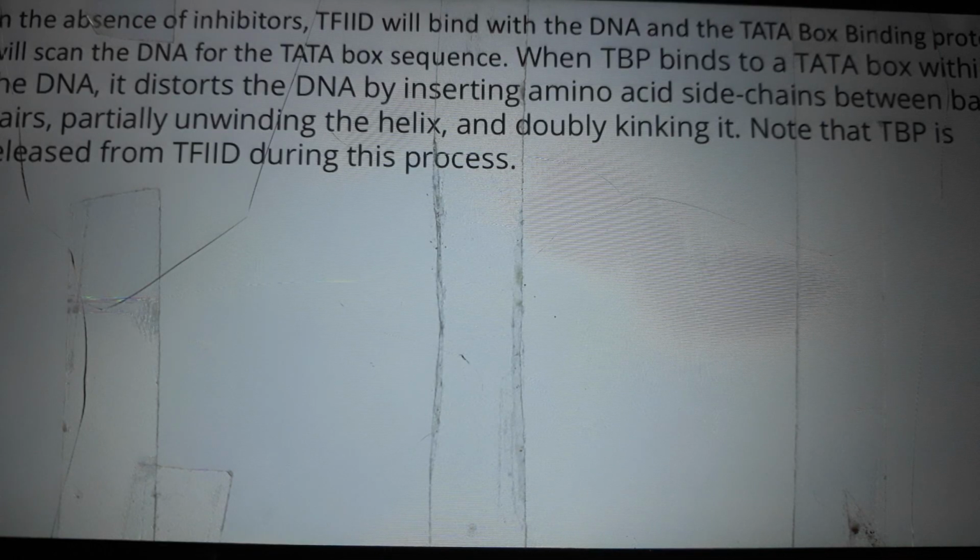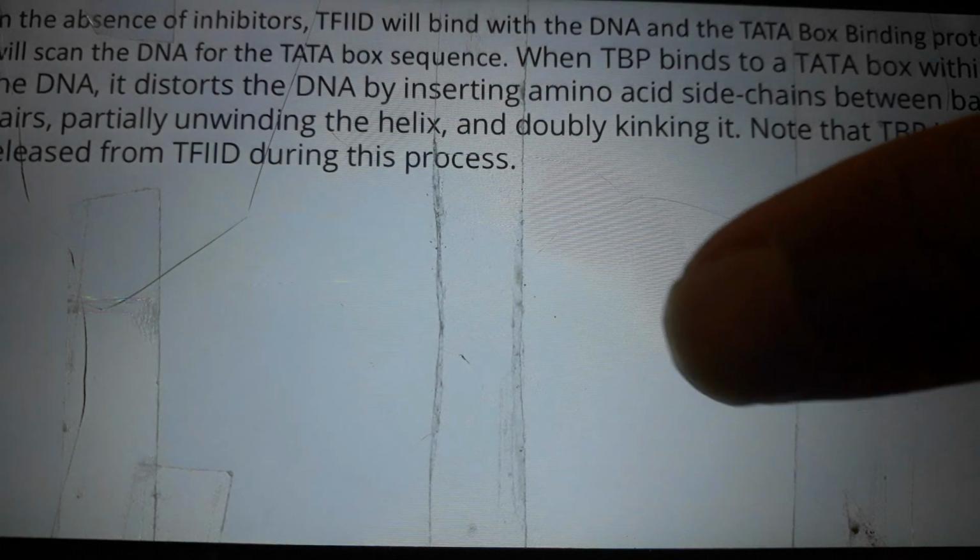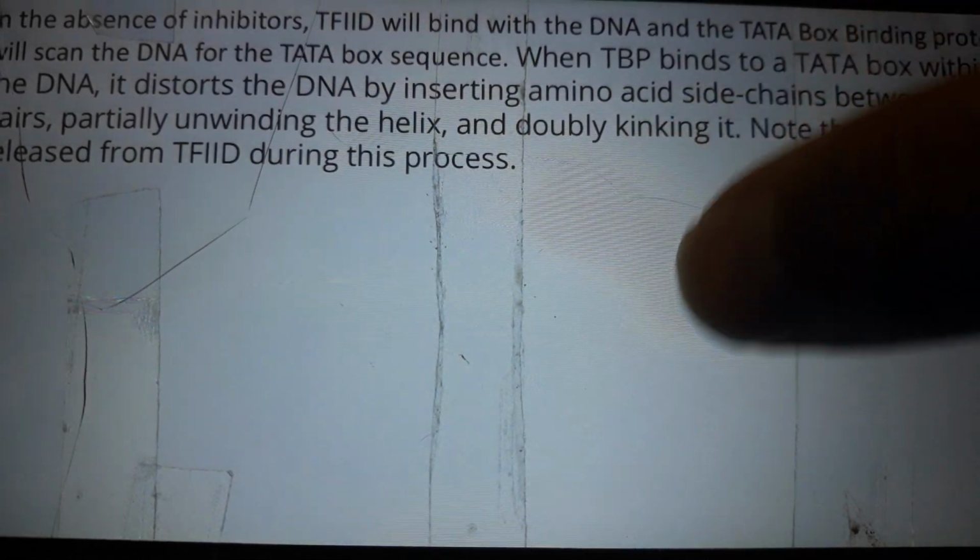When TBP binds to a TATA-box within the DNA, it distorts the DNA by inserting amino acid side chains between base pairs, partially unwinding the helix and doubly kinking it. Note that TBP is released from TF2D during the process.